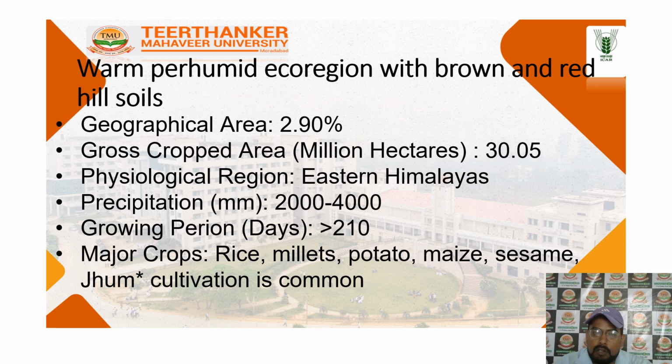Next is the warm perhumid ecological region with brown and red hilly soil. The geographical area is 2.9%, and the gross crop area is 13.45 million hectares.